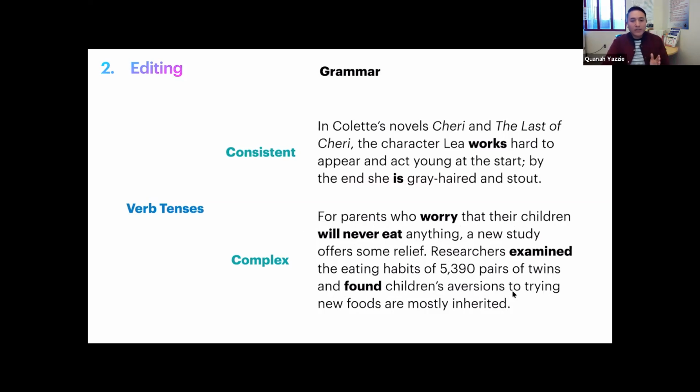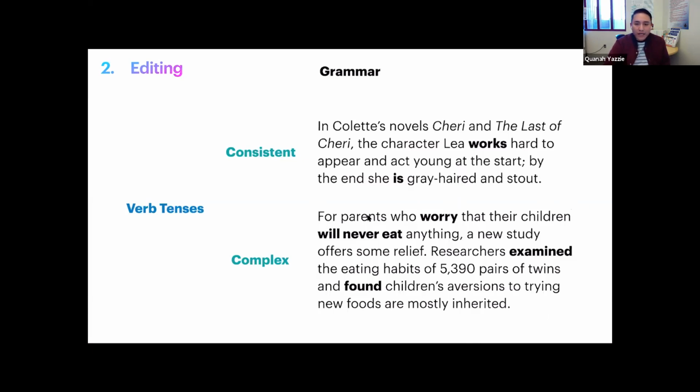So the tip with this, when you're going to mix and match verb tenses, try to identify the shifts specifically. When you're editing, try to look for those shifts within the story itself.